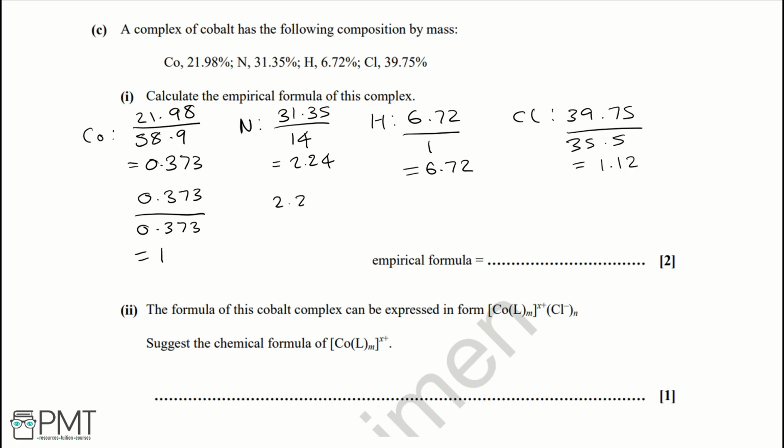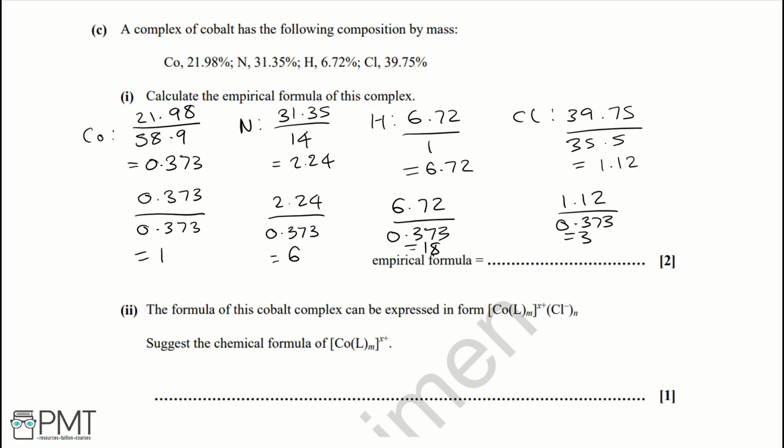Then we have 2.24 divided by 0.373. That gives us 6. Then we have 6.72 divided by 0.373. That gives us 18. And chlorine, 1.12 divided by 0.373 gives us 3.